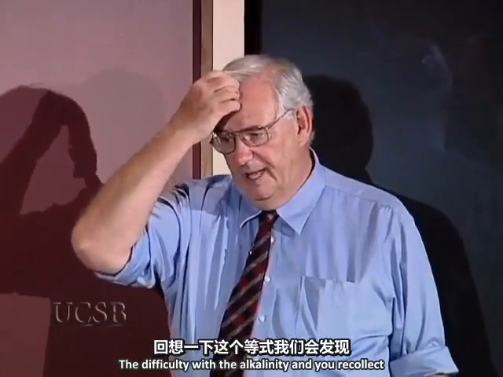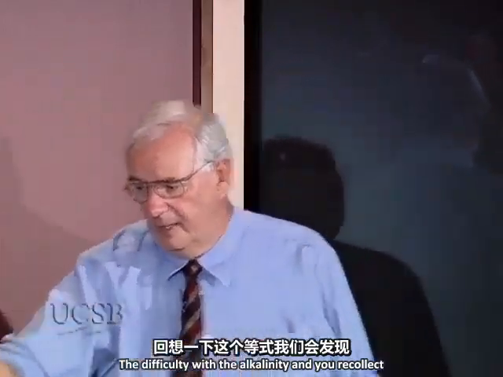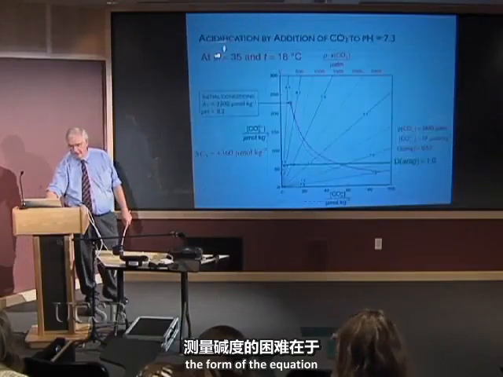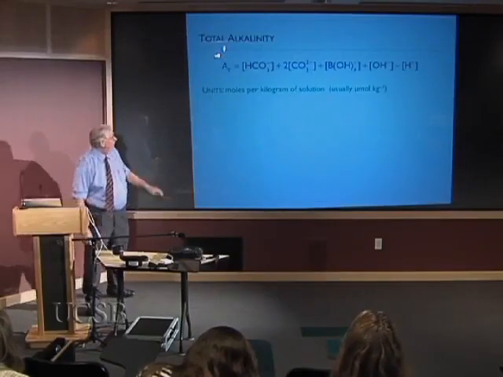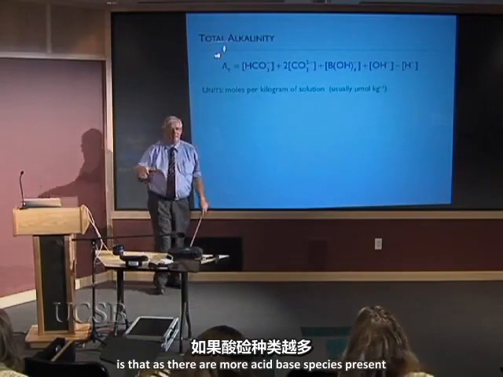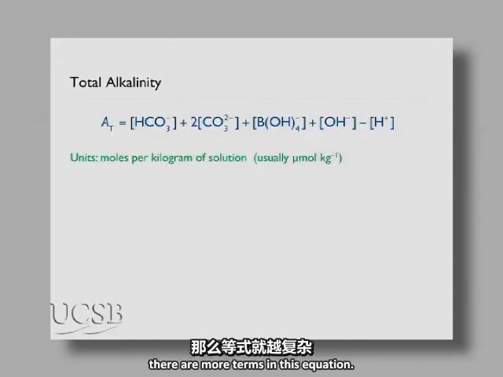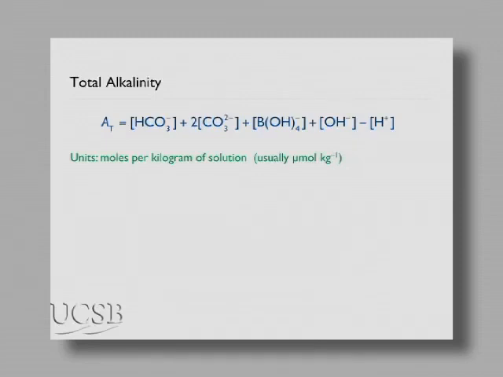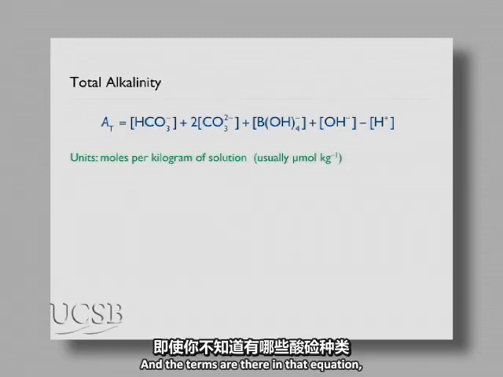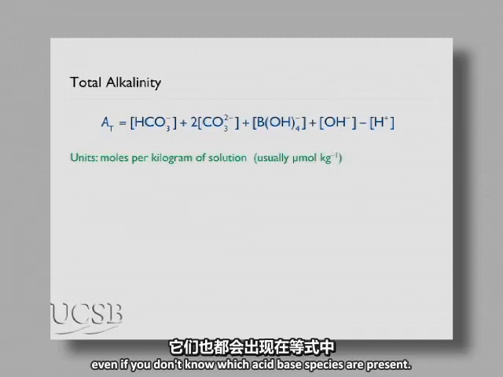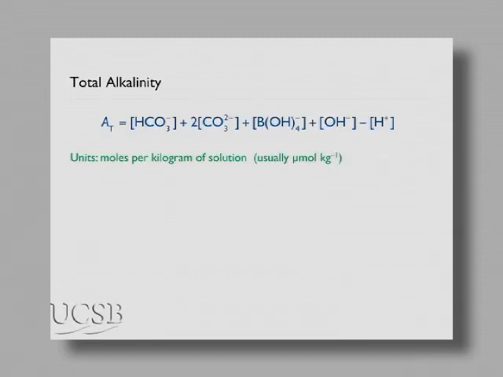The difficulty with the alkalinity, and you'll recollect the form of the equation, is that as there are more acid-base species present, there are more terms in this equation. And the terms are there in that equation even if you don't know which acid-base species are present.